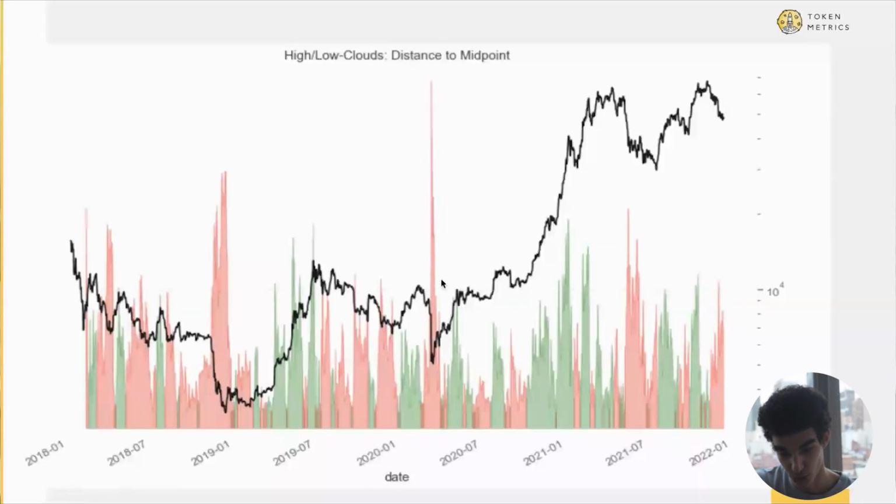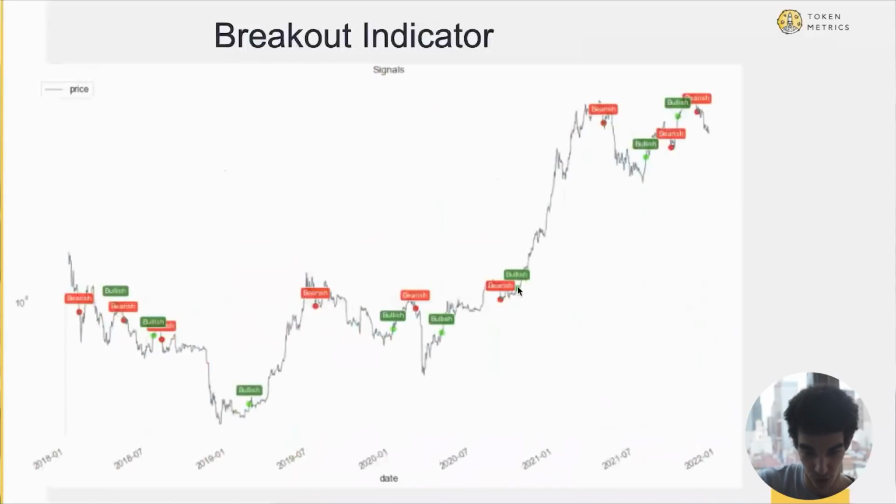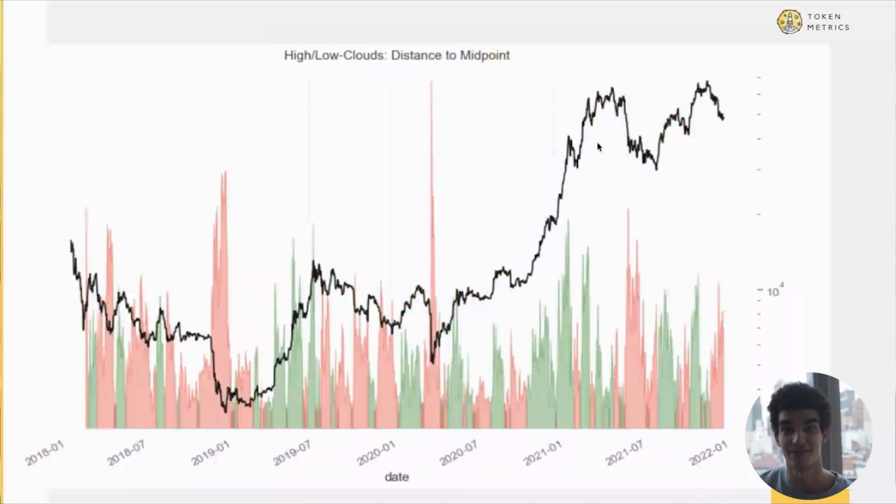And what I like about this is that we got a bullish signal here. So if you go here, we have a bullish signal here, so we were long this entire rally. But we didn't really know if the strength was increasing or decreasing. Here we can tell because we can look at the distance of the close to this midpoint. Is it increasing?